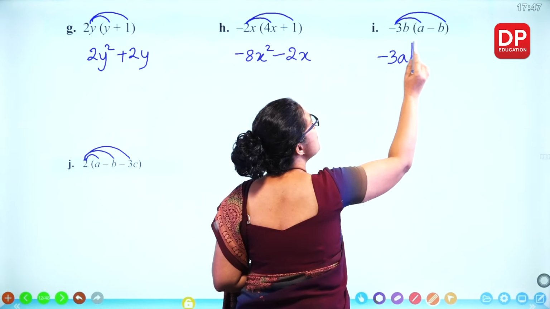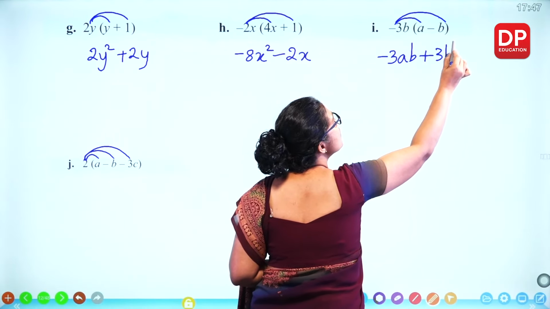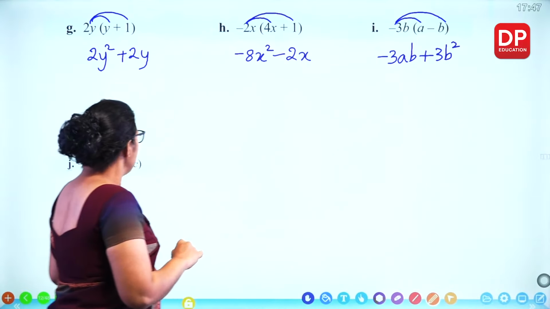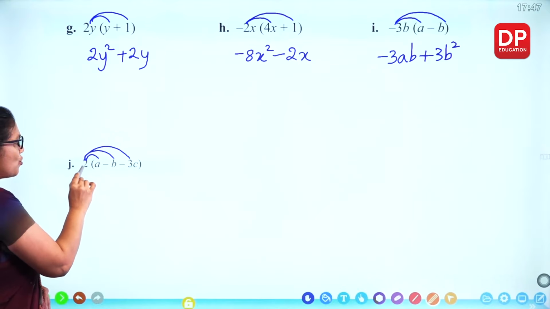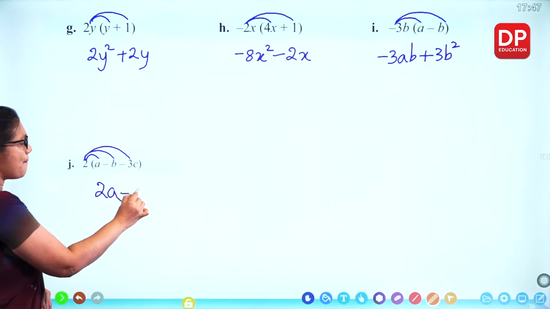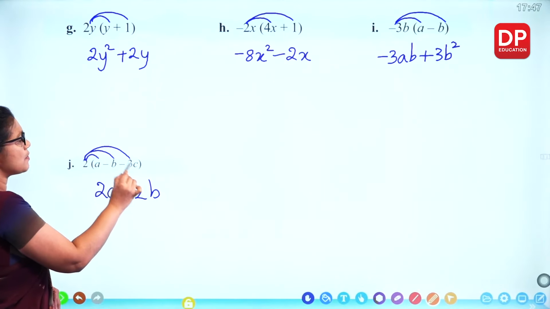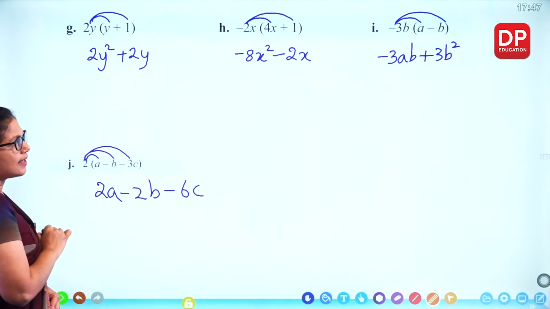Minus 3b times b, minus minus becomes positive 3b squared. Now here, 3 terms, we'll multiply with 2. 2 times a, 2a. 2 times minus b, minus 2b. 2 times minus 3, minus 6c.